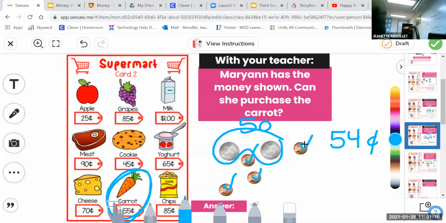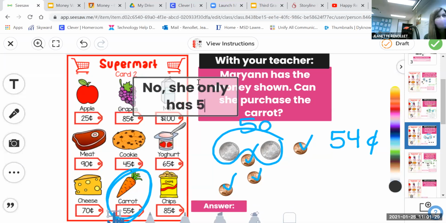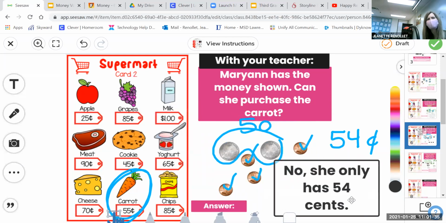So your answer should be no, she does not have enough. Let's type that in there together. No, she only has 54 cents. She does not have enough to make the purchase that she wants.